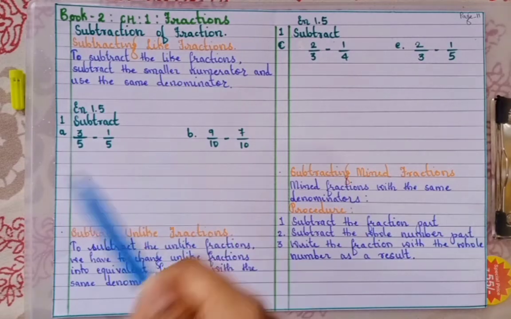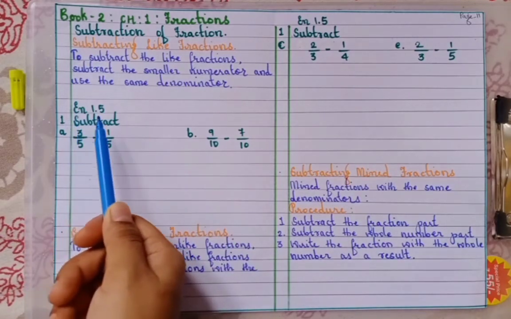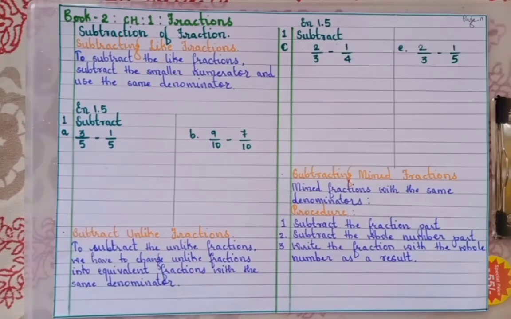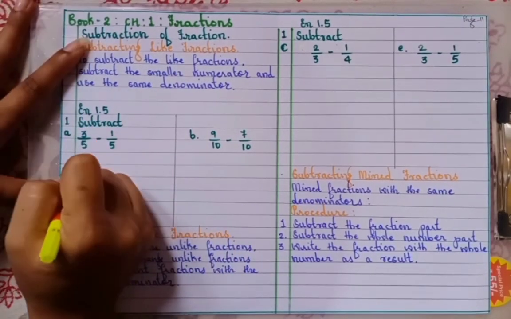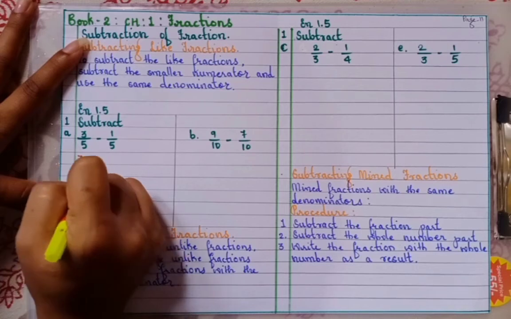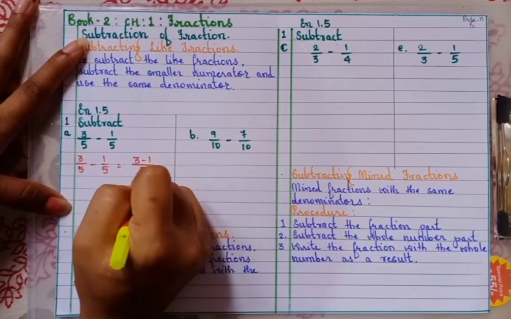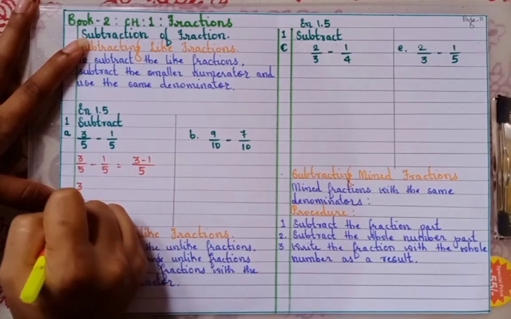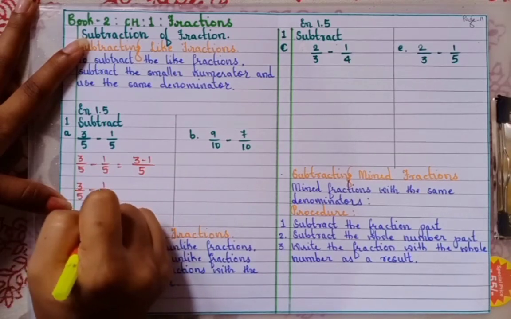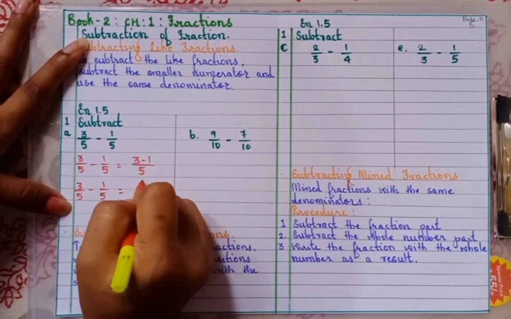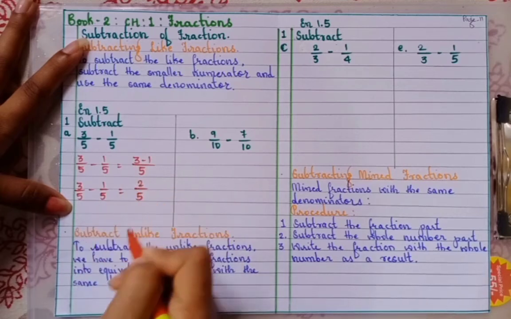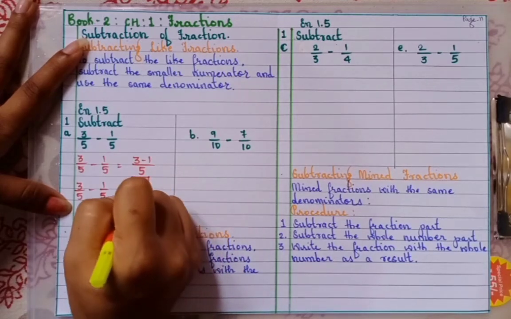So let's go ahead with the first part, that is exercise 1.5, question 1. Let's subtract 3 by 5 minus 1 by 5, that equals 3 minus 1 by 5. Therefore 3 by 5 minus 1 by 5 equals 2 by 5. This is our solution.